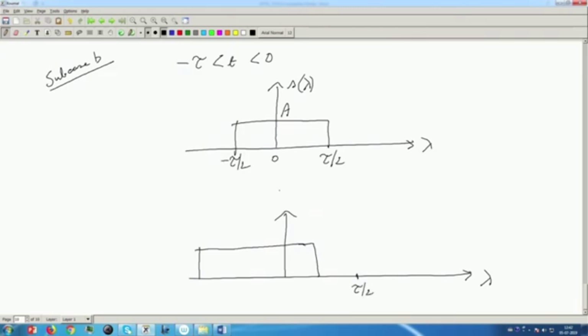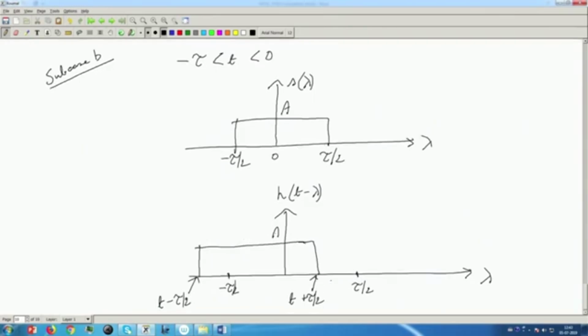So, this is h(t minus lambda), A. Then this point will obviously be t minus tau by 2, somewhere in the middle there will be minus tau by 2, and this point is t plus tau by 2. So, obviously, from minus tau by 2 to t plus tau by 2 we will have the multiplication.